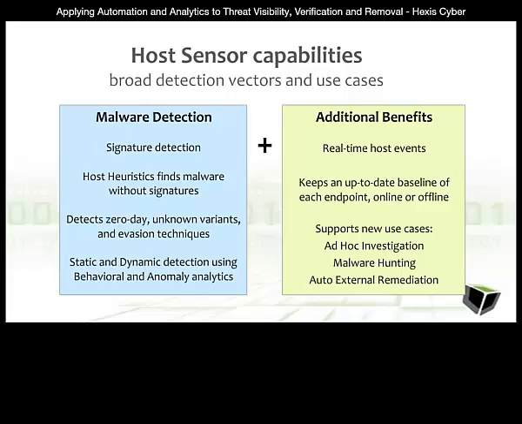On the right-hand side, what we've done with our version 3 is create a real-time eventing endpoint agent in our host sensor. The host sensor monitors for events of interest in real time and then uploads them to the HawkEye G Manager for processing. For example, we monitor file create events for certain files like DLLs and binaries with PE headers.